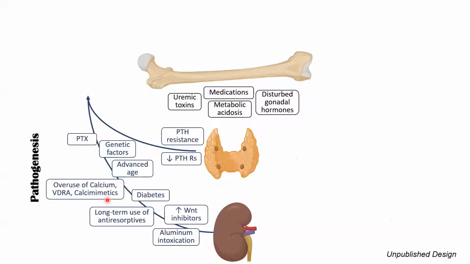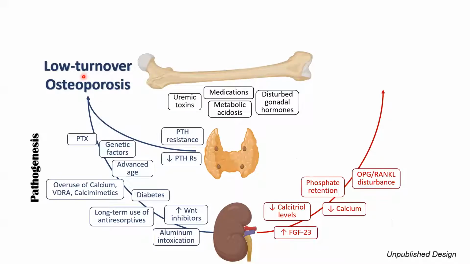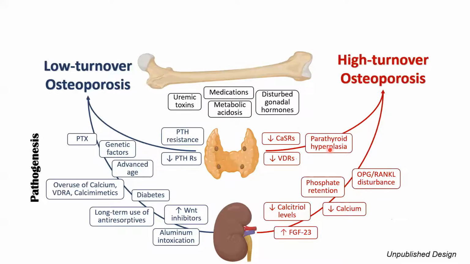And in early stages of CKD, patients could have PTH resistance, which could end up with low turnover osteoporosis. On the other side, there is an increase in FGF23, which participates in decreasing calcitriol level, and it ends up with decreased calcium and phosphate retention and parathyroid hyperplasia, and all of this will lead to high turnover osteoporosis.